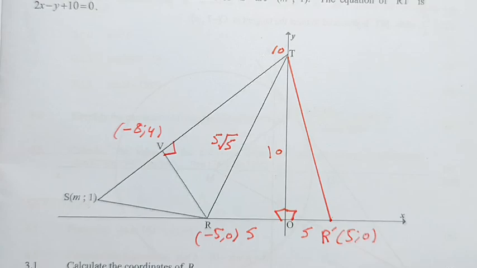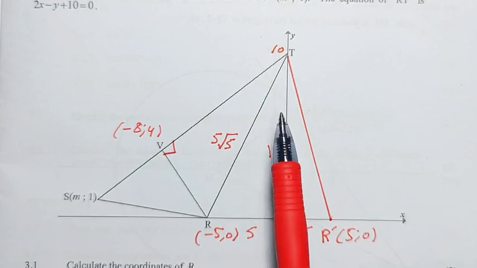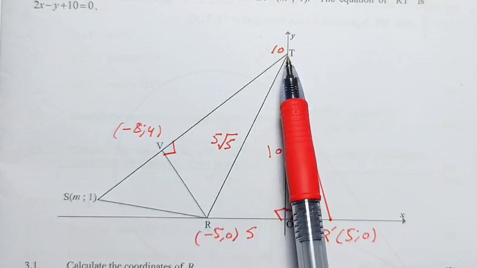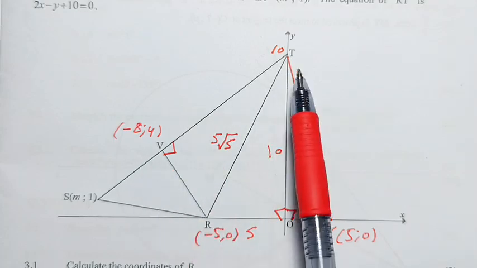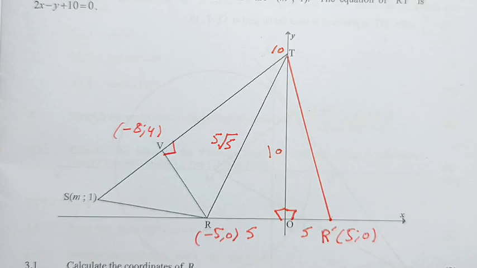So now we need to find the area. So we cut this quadrilateral, which is RVTR prime. So now we need to find the area. So we're going to use the area formula.